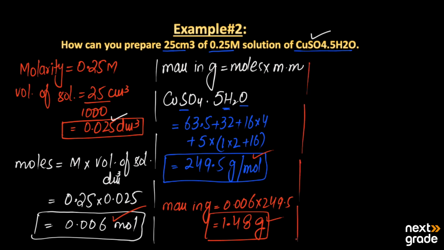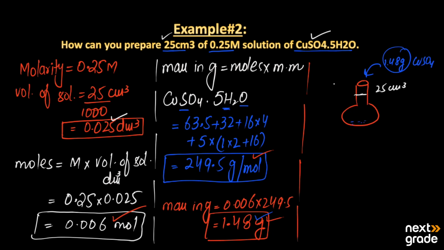For preparation of this solution, we will take a volumetric flask whose volume is 25 cm³. Then we take 1.48 grams of CuSO4, copper sulfate, and pour it into it.